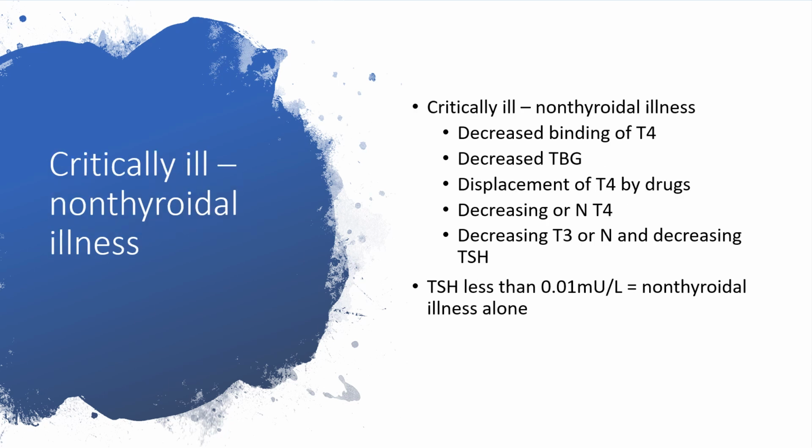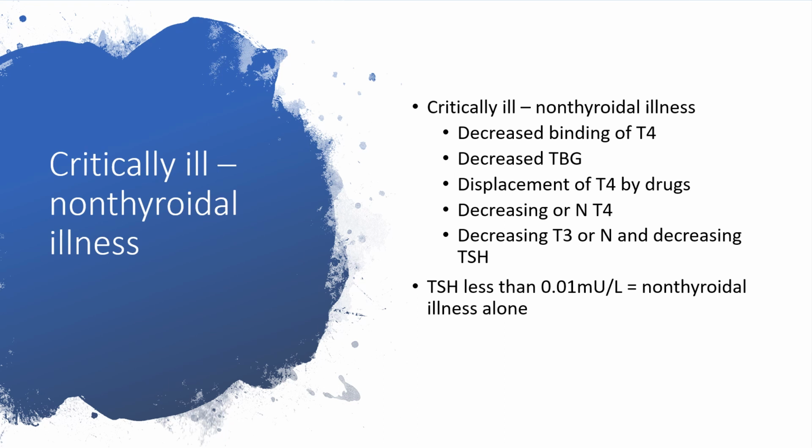Hypothyroidism is possible in critically ill non-thyroidal illness, either being admitted to the hospital, bedridden for a long period of time, or has chosen to be treated at home but critically ill. Then we might be having problems with the thyroid hormones. It's likely we're going to find decreased binding of T4, decreased thyroid binding globulin, displacement of T4 by medications, or decreased or normal T4 with decreased or normal T3 and decreasing thyroid stimulating hormone.